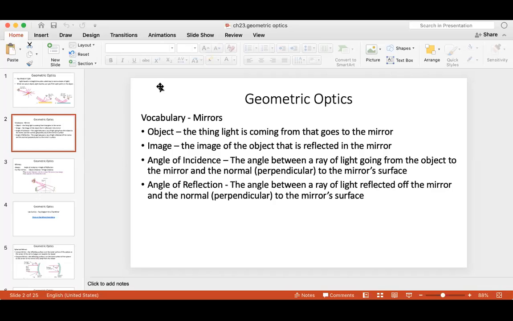Finally, angle of incidence and angle of reflection. The angle of incidence is the angle between the ray of light going from the object to the mirror and the normal to the mirror surface. So again, the idea is I might have to leave the share and look at the screen here, right?